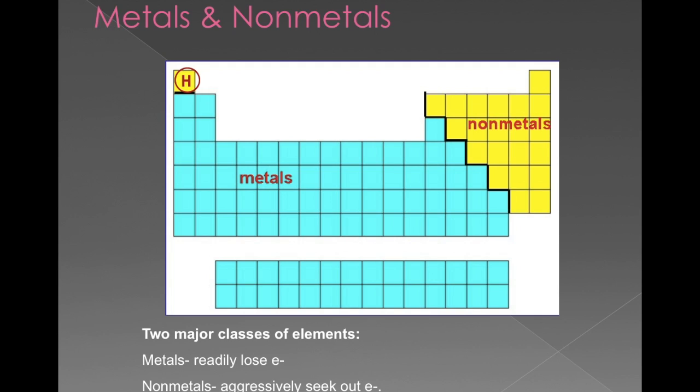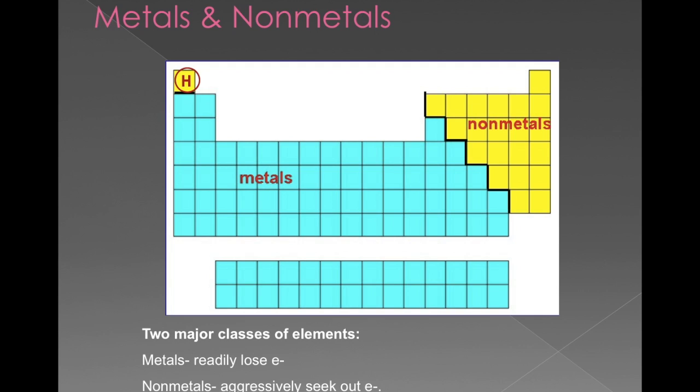Okay, so now back to our review of periodic trends. The most major general periodic trend is that of dividing elements into metals and nonmetals. Metals on the left side of the periodic table want to lose electrons because they have few electrons in their valence shell, and they like to empty their shell so there's no electrons there.